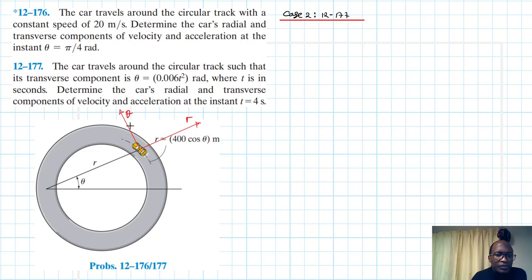So we have been asked to find velocity as well as acceleration, its radial and transverse components.